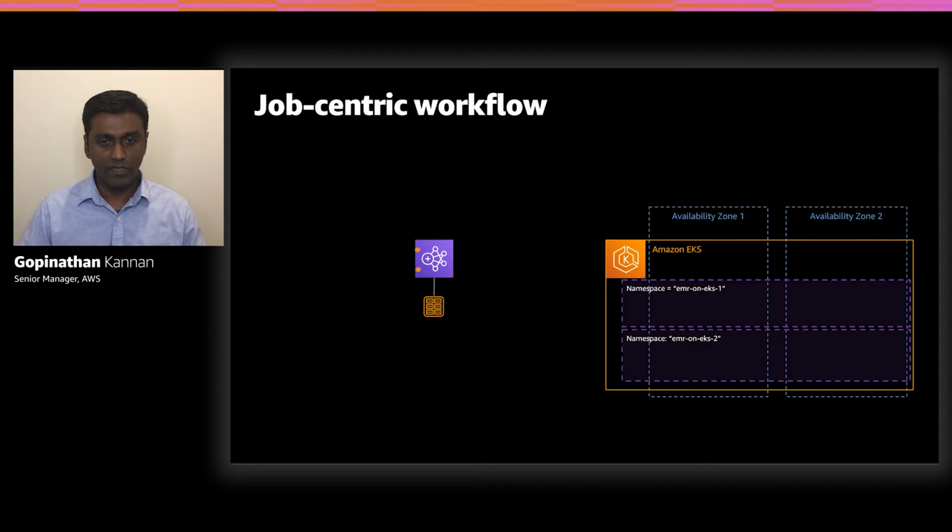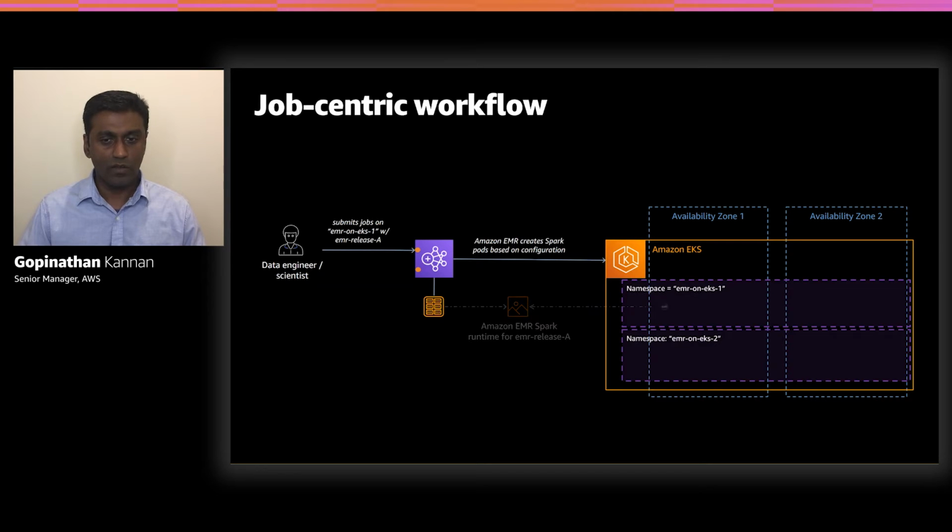Once registered, data engineers and scientists who are authorized to use this virtual cluster can submit jobs. When jobs are submitted, EMR will initiate the Spark pod to start the driver and executor pods. If the image is not on the local node, Kubernetes will download the image from the EMR repository and start the pods.